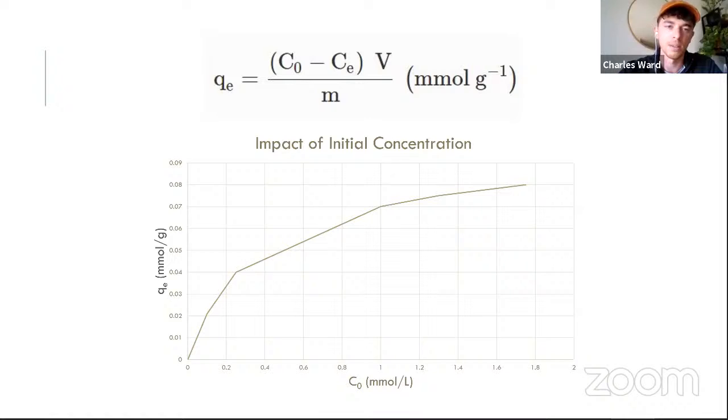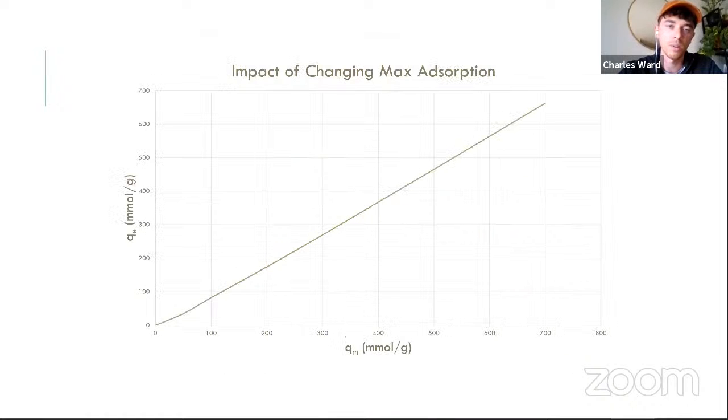So that was one way I use this model. And the next one, I studied the impact of changing that QM value. So in my actual material, I could do something to increase the surface area. I could cause defect sites, something along those lines, to increase or decrease the maximum absorption of my material.